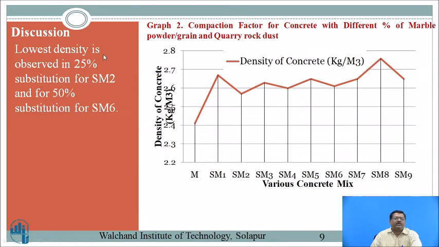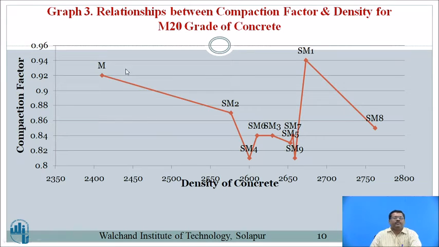If you observe, low density is observed for 25% substitution, that is SM2, and for 50% substitution SM6 is a good mix. Now, the relationship between compaction factor and density is plotted here. On the y-axis the compaction factor is there, on the x-axis the density of the concrete is plotted, and all the mixes with their results are plotted.